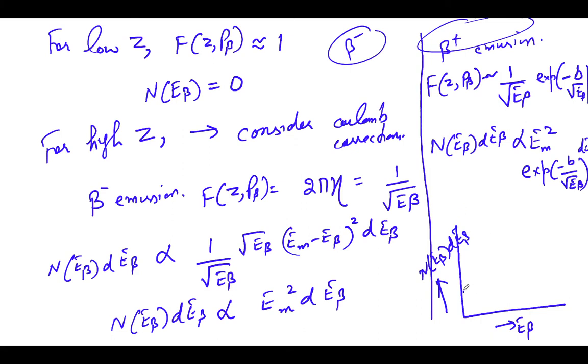This is the shape of a beta spectrum with no Coulomb interaction, this is for beta minus and this is for beta plus, and the central line is when there is no Coulomb effect.